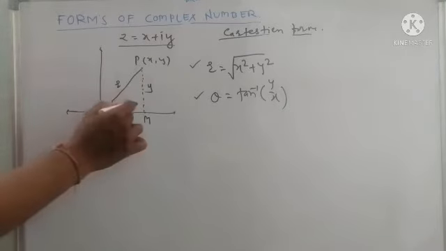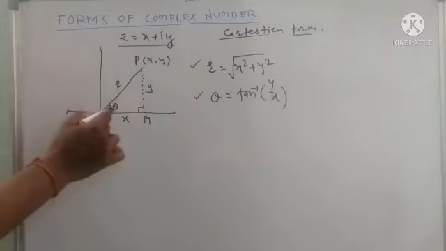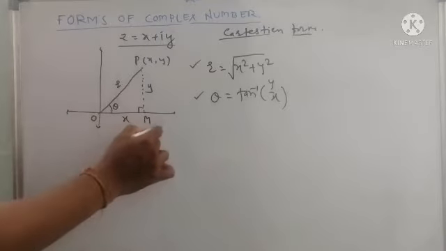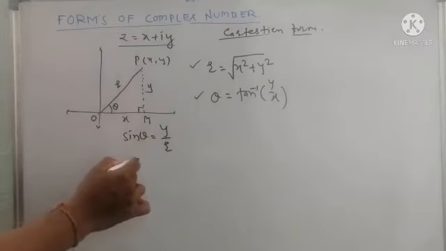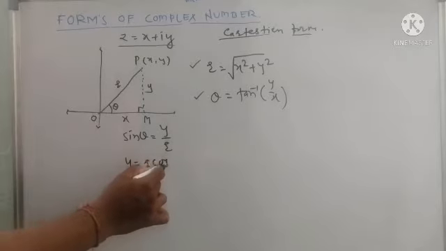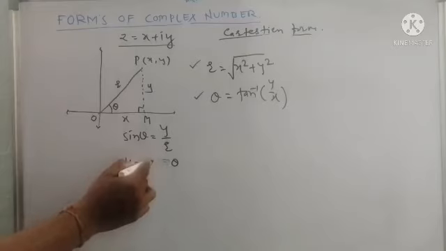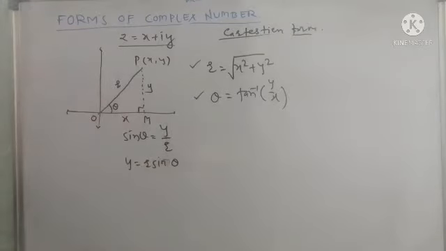Now this is a right angle triangle, so we can take trigonometric ratios of angle theta: sine theta is equal to the opposite side y divided by the hypotenuse r. So here you can define y is equal to r into sine of theta, as we take r on the left hand side in multiplication.